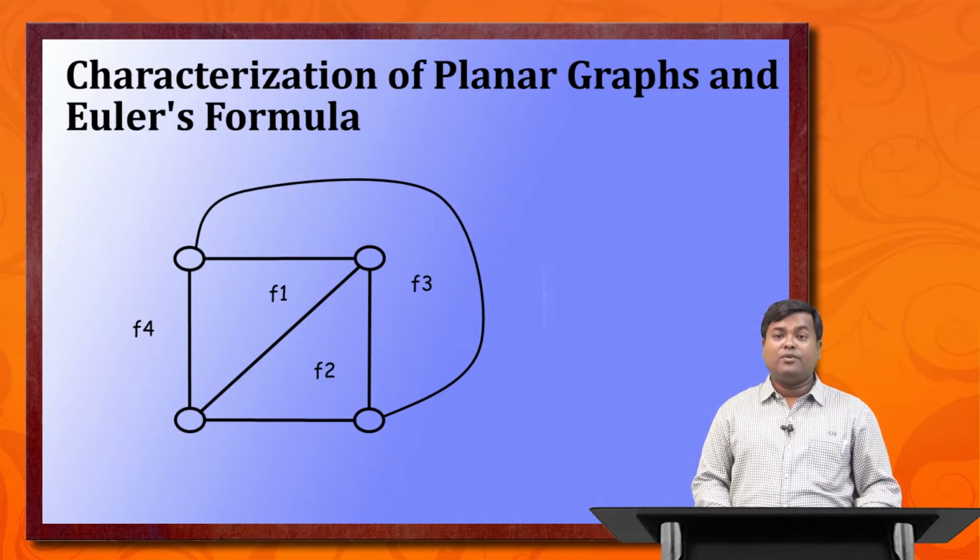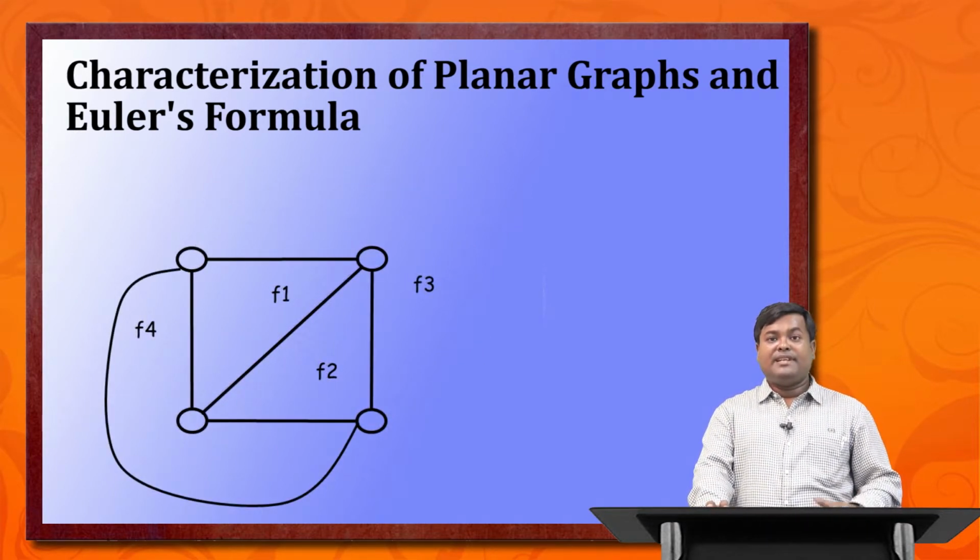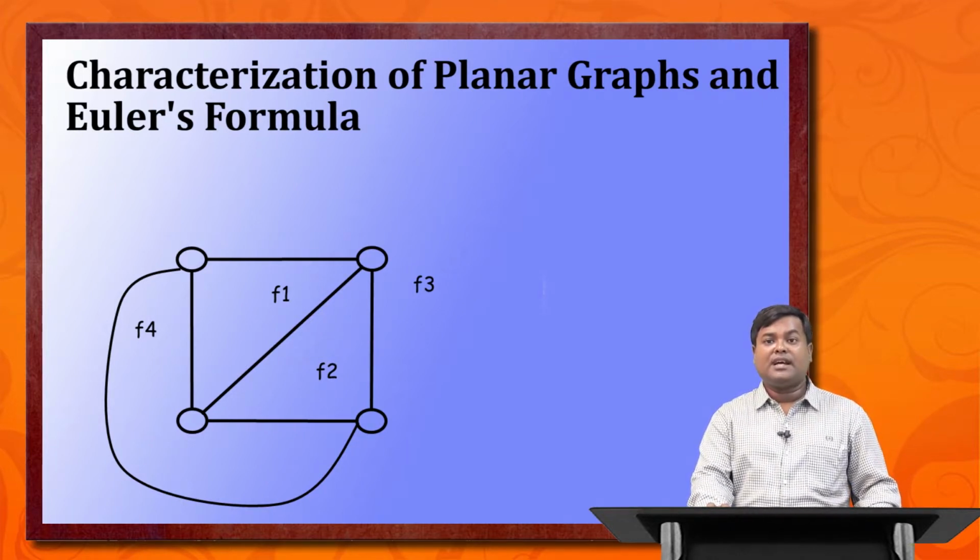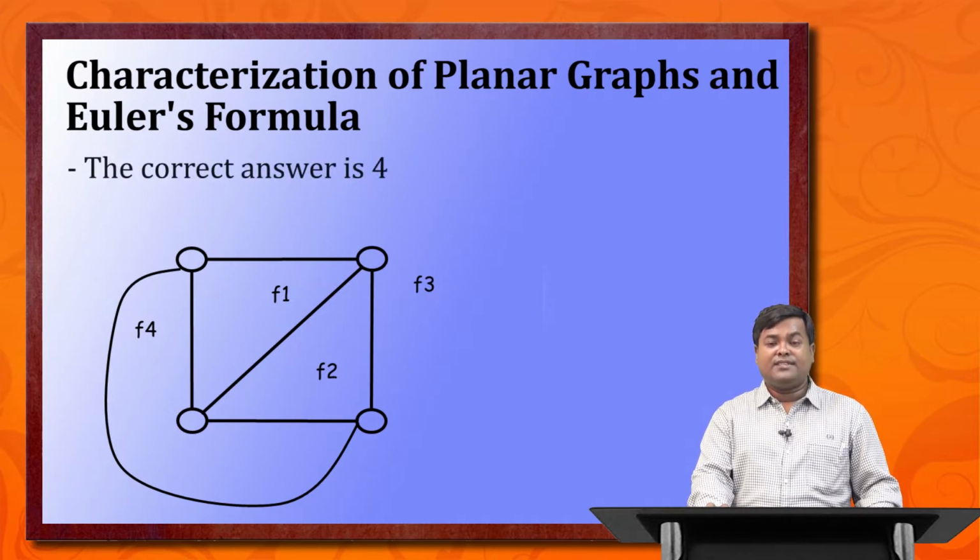So when we want to count the faces, we need to make the planar graph a plane graph. That means we need to draw the graph without edge crossing. After that only can we count. If we have a different orientation and there is no edge crossing, the count still remains 4. So the correct answer is 4.